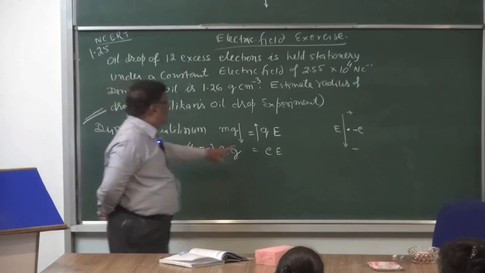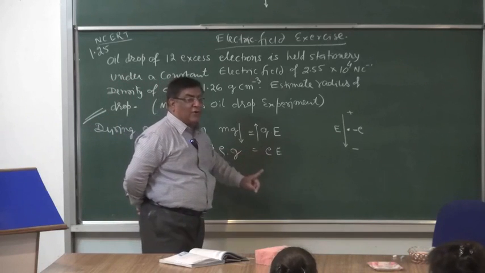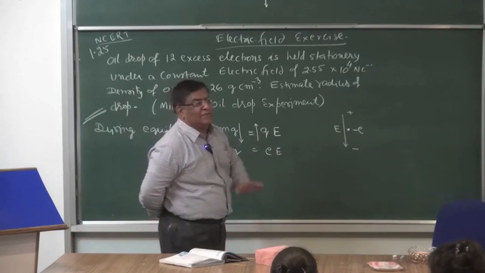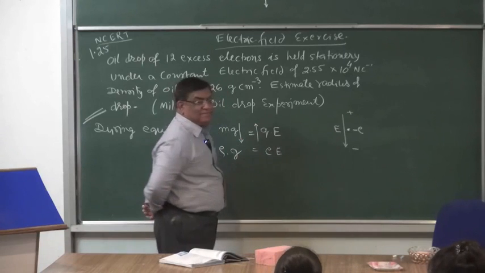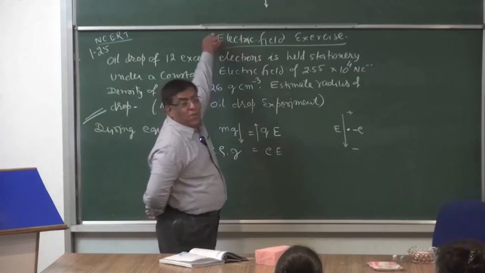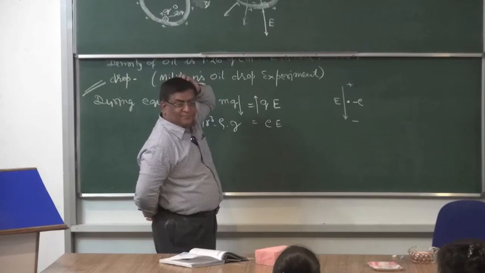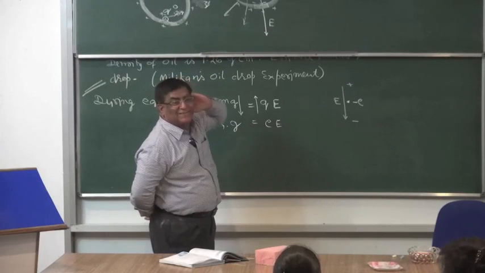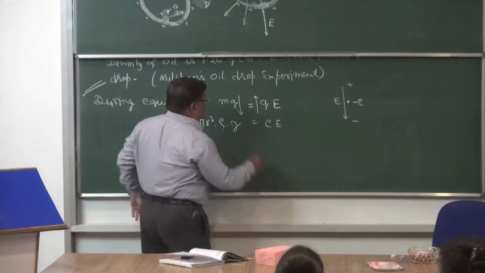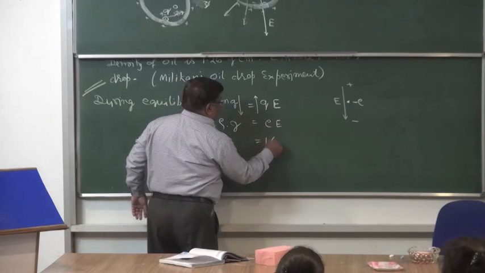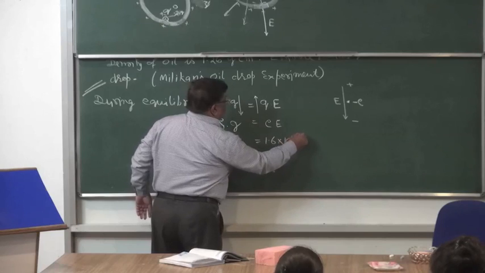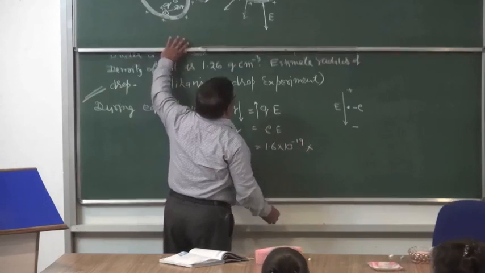You know the value of e by your knowledge, or otherwise it is given in the question. How much is that? Charge on electron, 1.6 into 10 to the power minus 19. How much is the electric field?